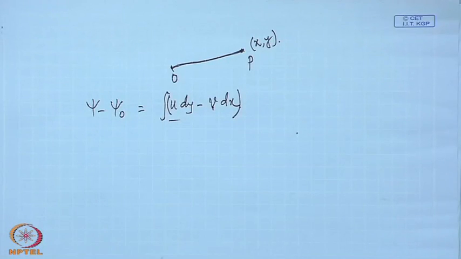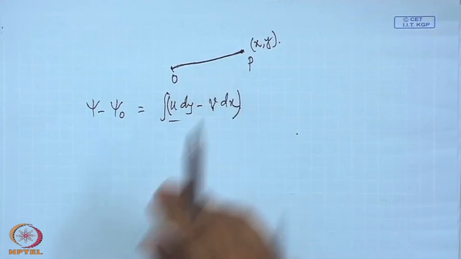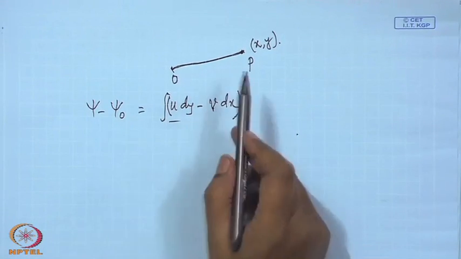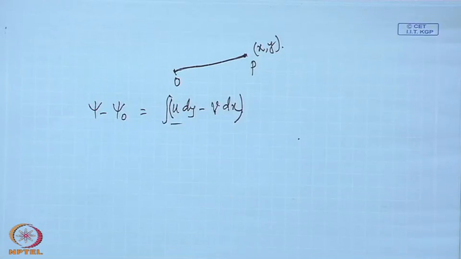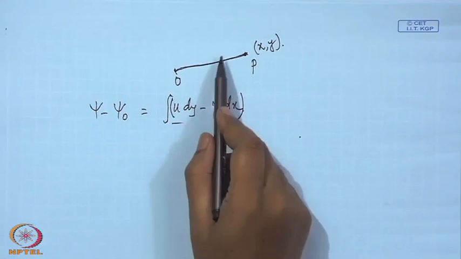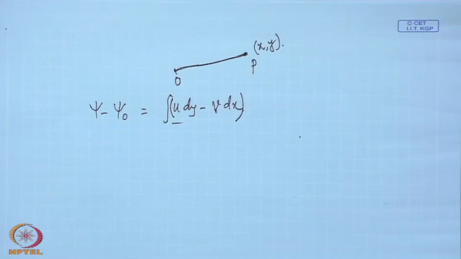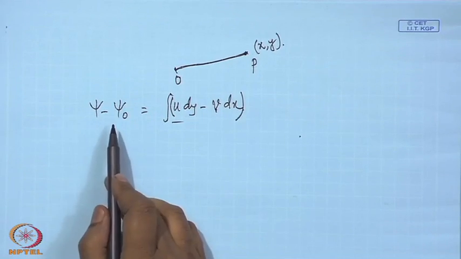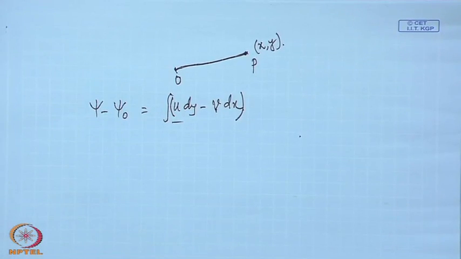So, this complete integral is simply the volume flux that is entering through the surface traced by this line as it translates unit distance in the z direction. This we will call the volume flux across this line. So, this psi minus psi 0 gives the volume flux across this line.